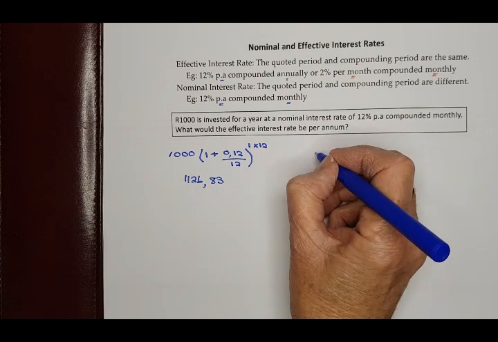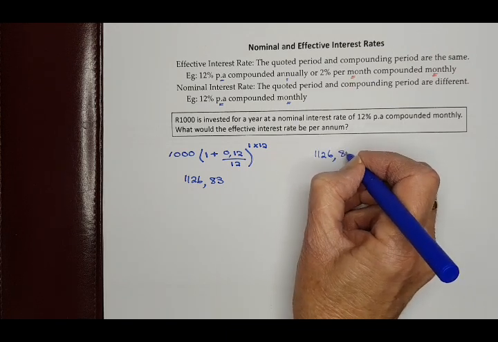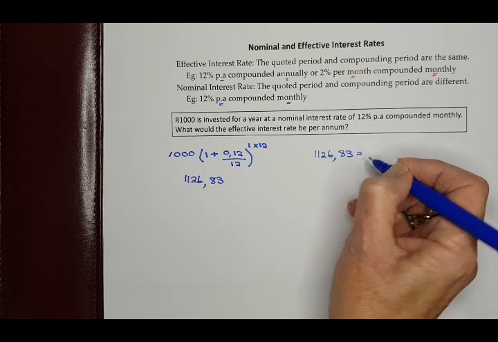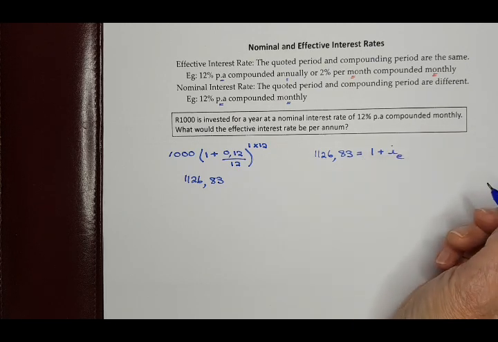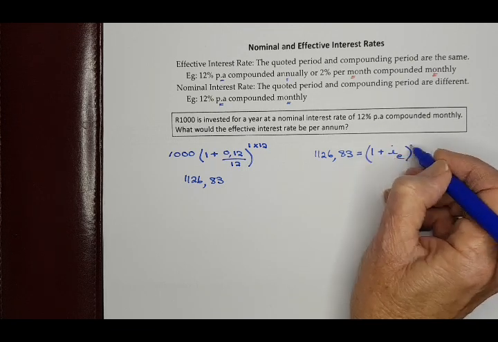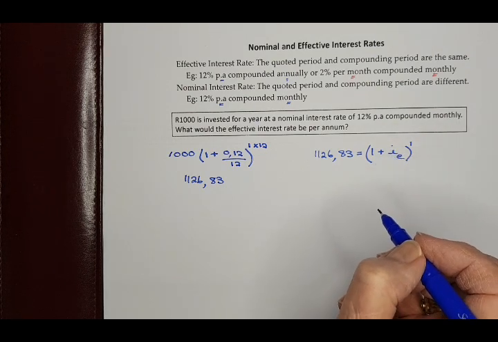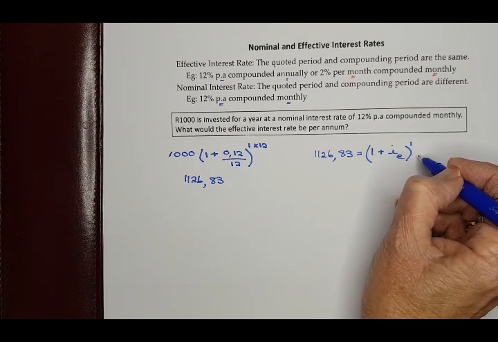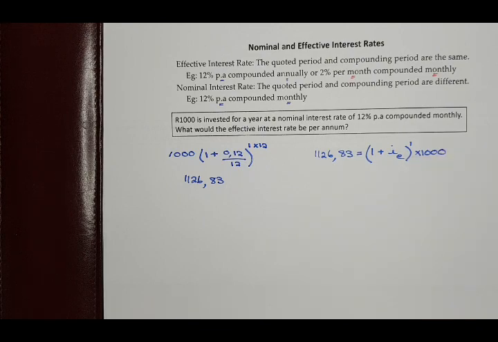So I'd be saying 1126,83 is equal to 1 plus my effective interest rate. It's only 1 year, and it's only compounded once a year. And that, of course, would have to be multiplied by my 1,000, my principal value, my apologies.